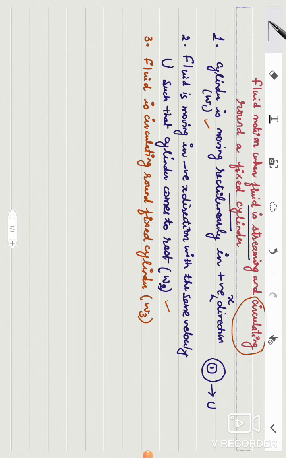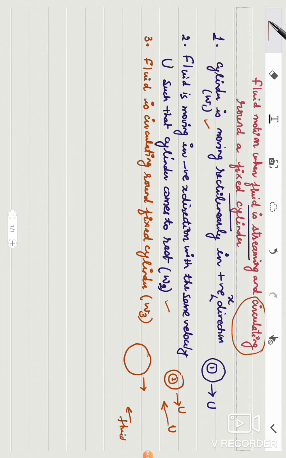In the second situation, this was your cylinder which was moving with velocity u, and the fluid starts to move with the same velocity in the negative direction. And what is in the third situation? First situation, the cylinder was moving. Second situation, the fluid is moving.